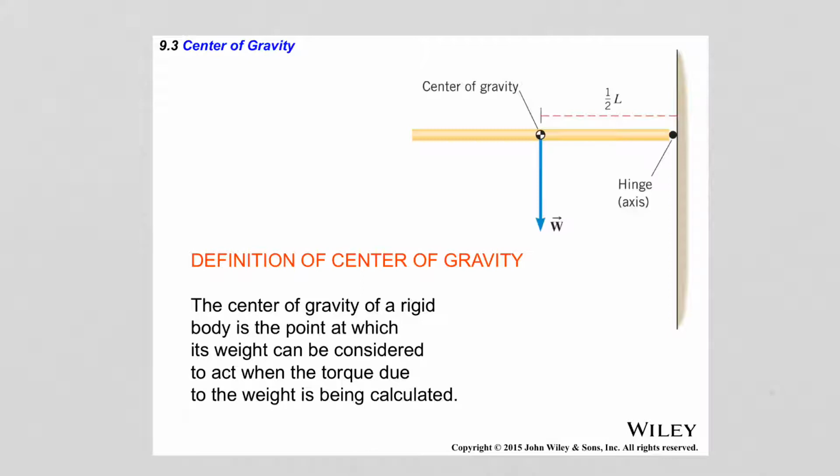The center of gravity of a rigid body is the point at which its weight can be considered to act when the torque due to the weight is being calculated. In this example, this is a board that is attached at its right end. You can think of that as a door as well. So the axis of rotation is at this hinge.